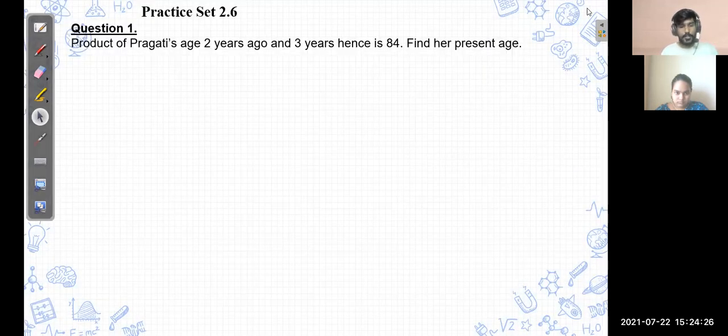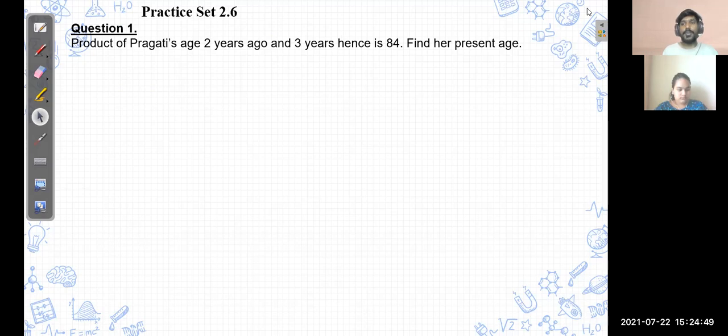Okay, we'll start with the exercise problem, the first problem of practice set 2.6. This says the product of Pragati's age 2 years ago and 3 years hence, meaning after 3 years, is 84.